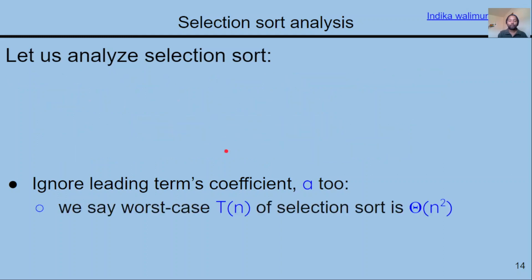All right. So basically, what we are left with is the most significant term in the function. So we say the worst case complexity of selection sort is, here's how we pronounce this, big theta of n to the power 2. And yes, I agree that this theta is coming out of the blue, but I'm going to explain it later in the lesson.